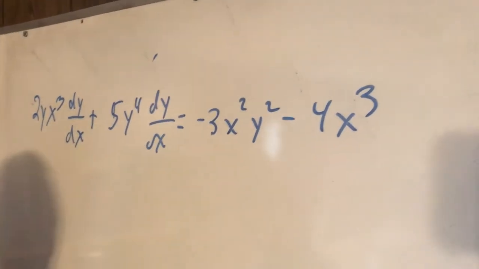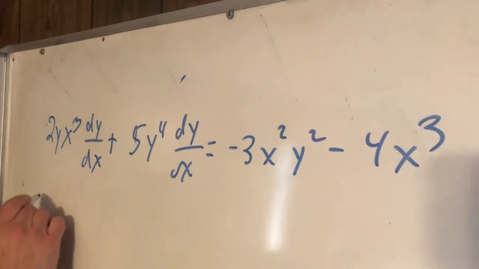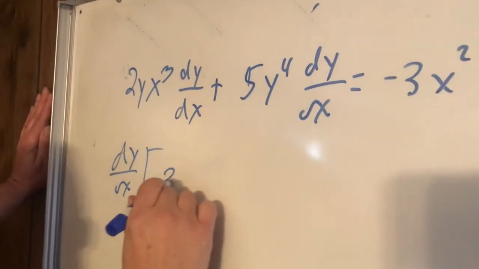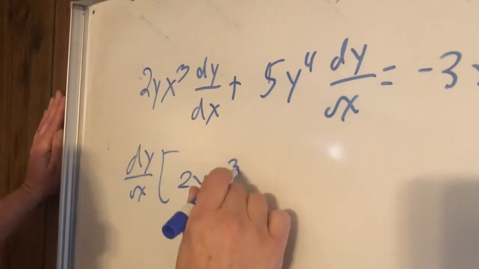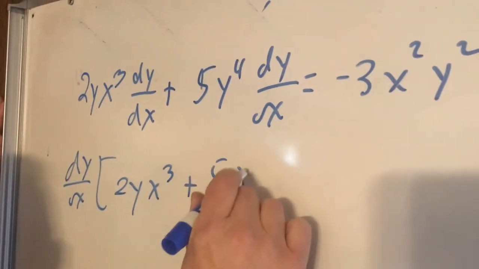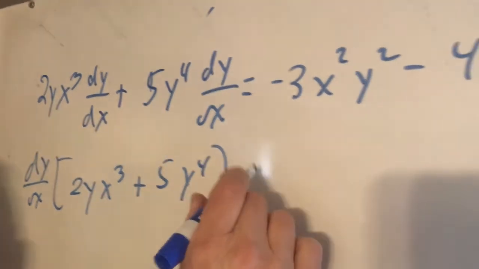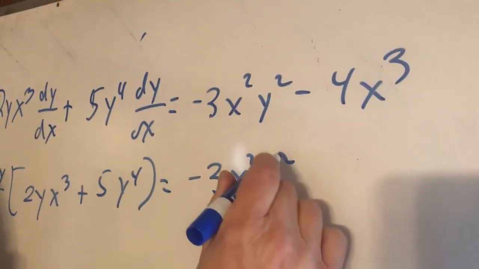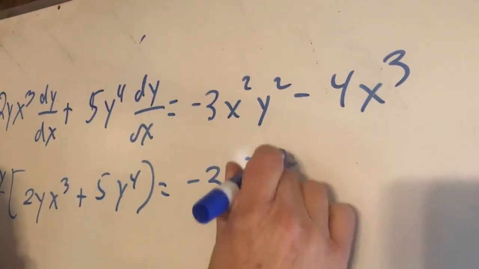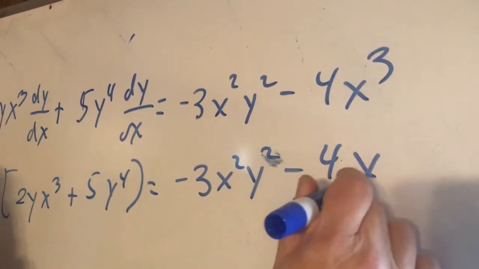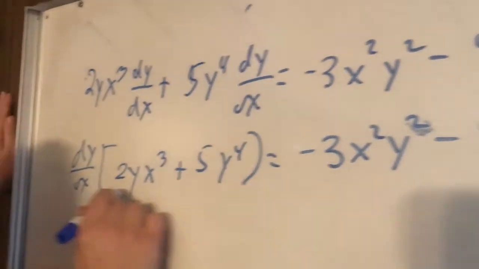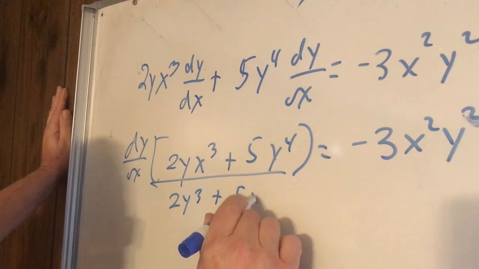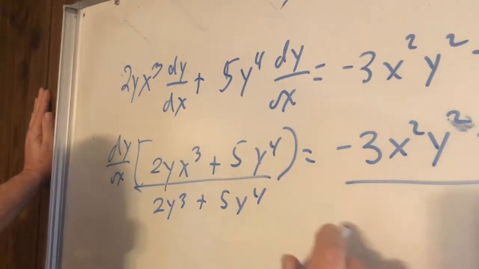Since I want to solve for dy/dx, I'm going to factor the dy/dx out. So I get (2yx³ + 5y⁴) dy/dx equals minus 3x²y² minus 4x³. I'm just going to divide both sides by 2yx³ + 5y⁴, which will give me my solution.